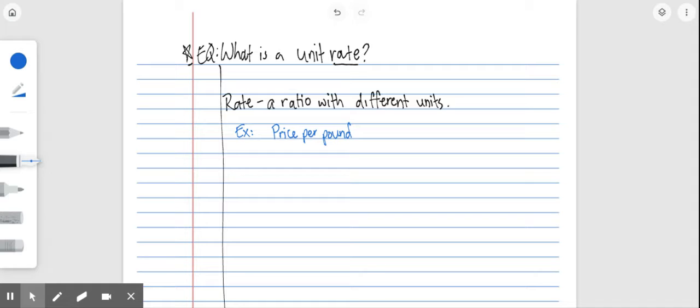There's also the number of miles per gallon, because in your car, you can drive a certain number of miles on a certain number of gallons. Speed, which is miles per hour. You can drive a certain number of miles in a certain number of hours. These are all types of rates.